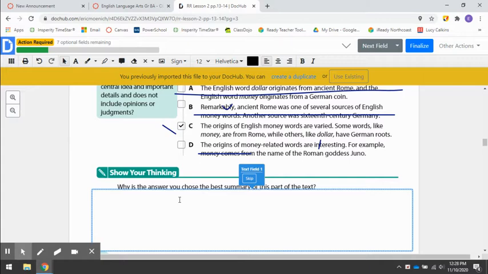So as that loads, we said that C was the best answer because it includes correct details from that part of the text, and it also doesn't have any opinions in it, right? So in your own words, you can jot that down there.